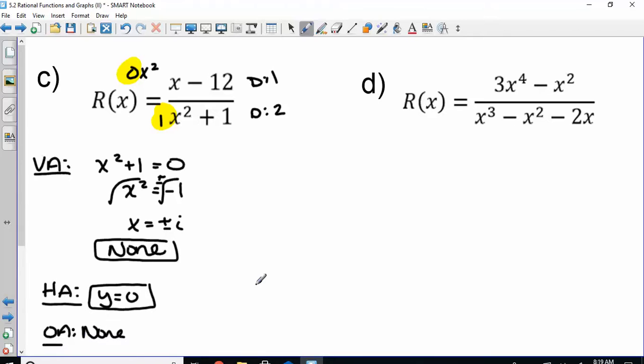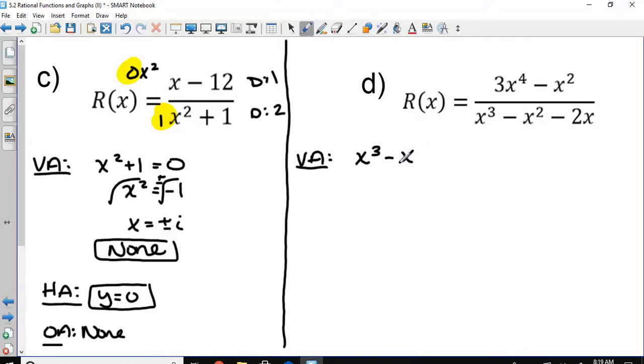Okay, let's look at D. So vertical, we set the bottom equal to 0. Alright, how am I going to solve that?